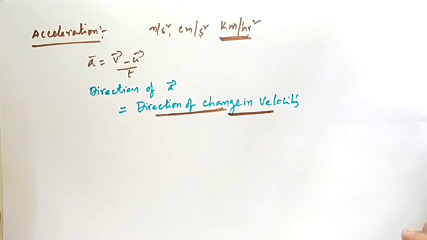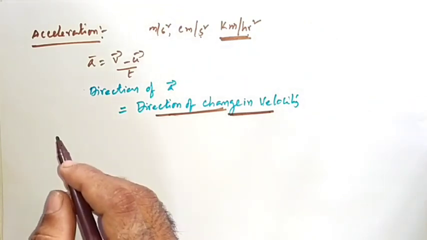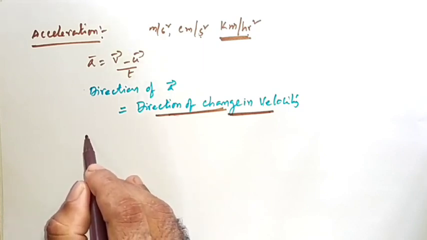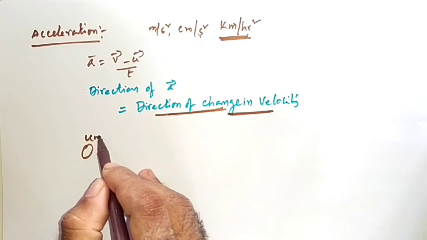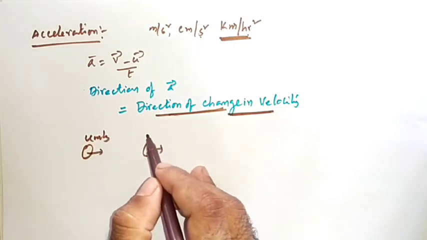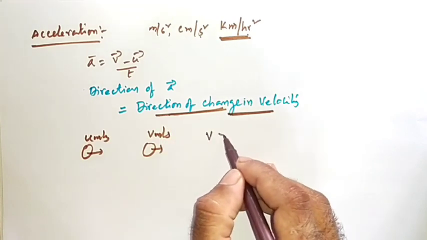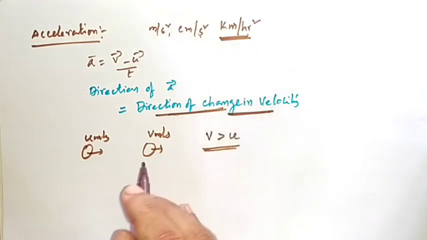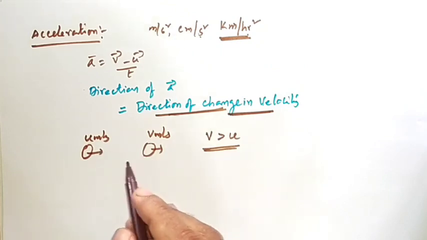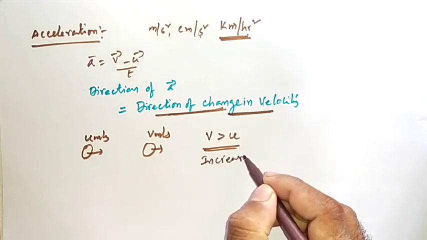Now let us see the direction of acceleration, how it is changing. For example, an object has a velocity u meter per second. After traveling some time, its velocity becomes v meter per second. Here v is greater than u. What does it mean? It means the velocity of the body is increasing.